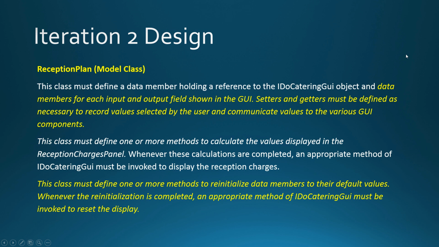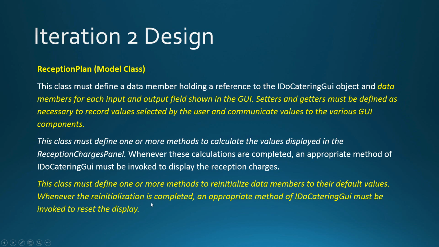Again, I've borrowed text from the programming assignment to show exactly what we're going to address with respect to the requirements and the design. The reception plan model class, well, we're going to add some data members for two input fields that are shown in the GUI, the adults and the children, and we're going to have both setters and getters for them.